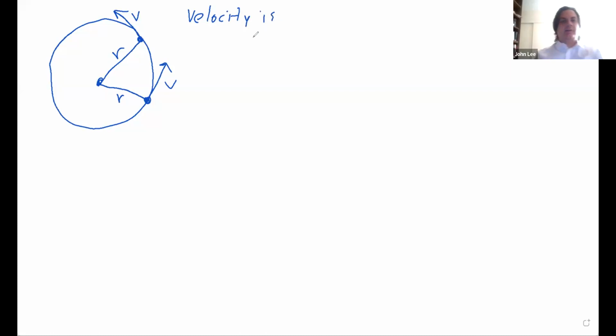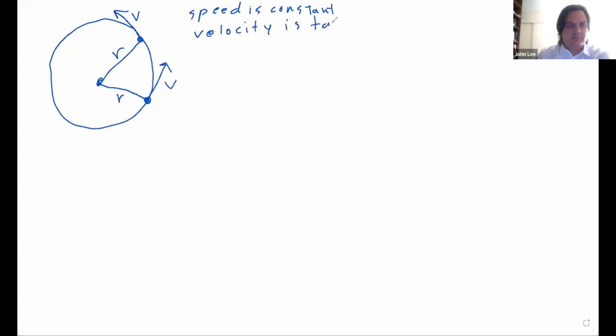Or not even velocity, because there's a difference, right? Speed is constant. Velocity is tangential. That means that it doesn't point anywhere towards the center or away from the center of the circle.